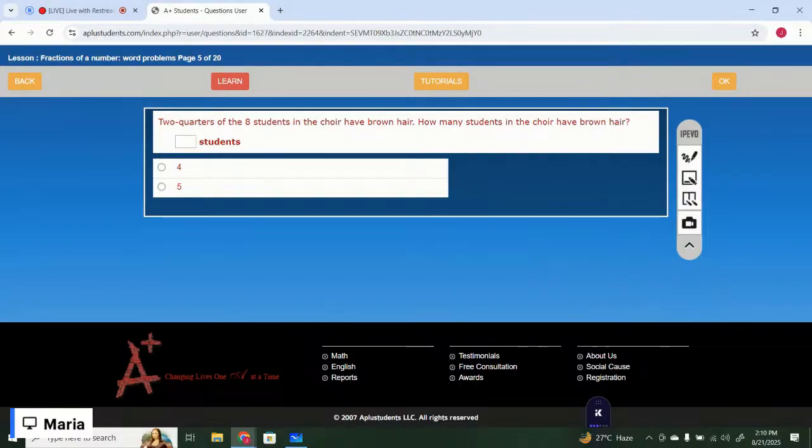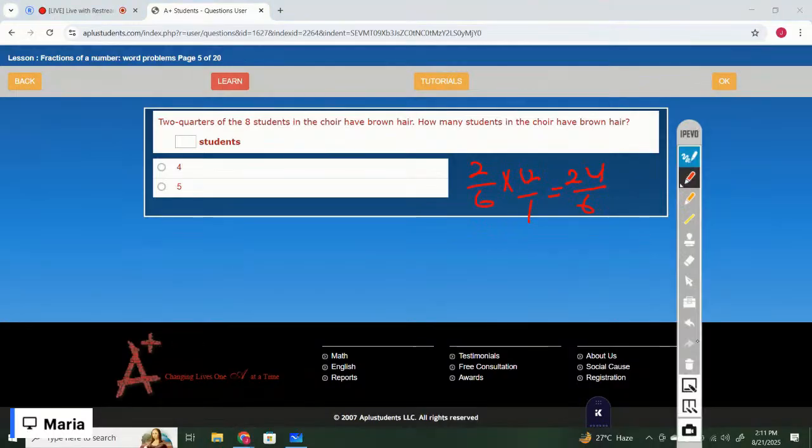Two quarters of the 8 students in the choir have brown hair. How many students in the choir have brown hair? So 2 quarters. 8 times 2 is 16 over 4.